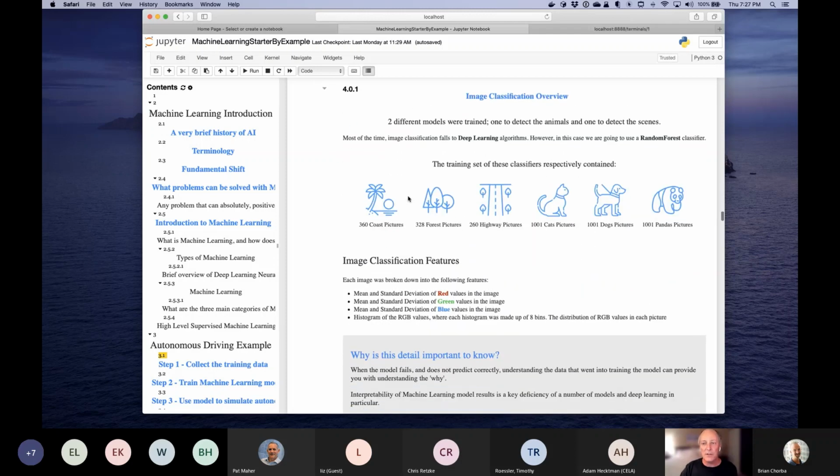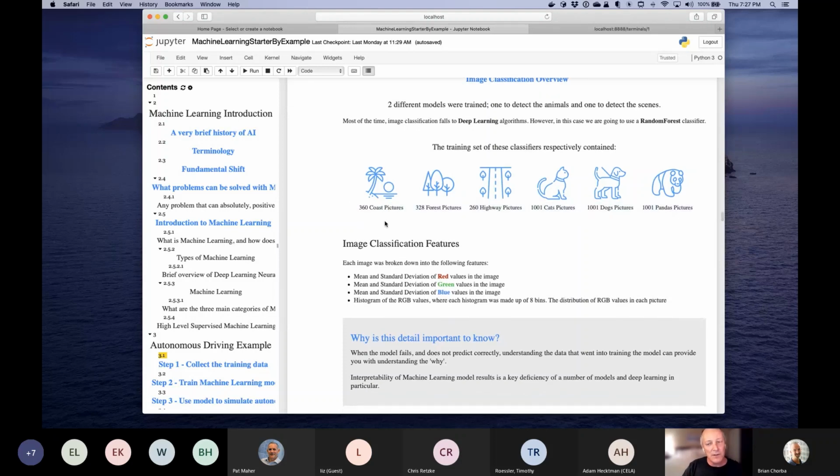I'm going to look at image classification from the machine learning perspective, and just look at the amount of red, green, and blue that each of these pictures has in them, and then create some additional features. This is that feature engineering I was talking about before. So I'm going to see if just looking at basically the reds, greens, and blues of a picture, can I figure out if the picture is a coast, a forest, or a highway?